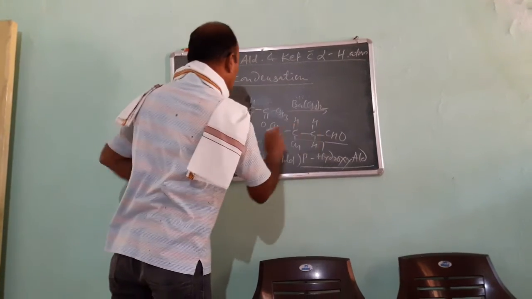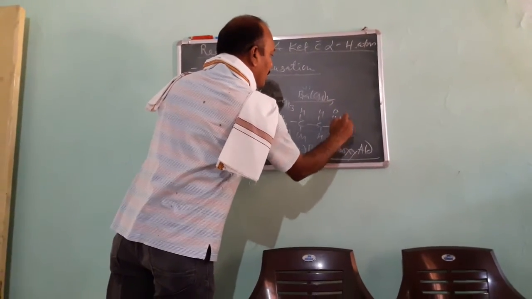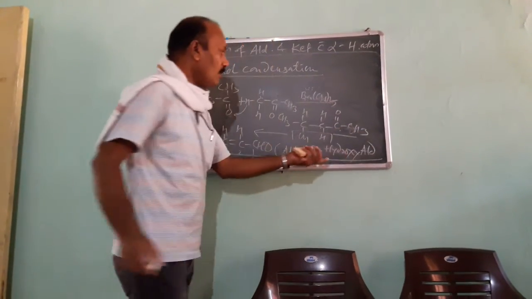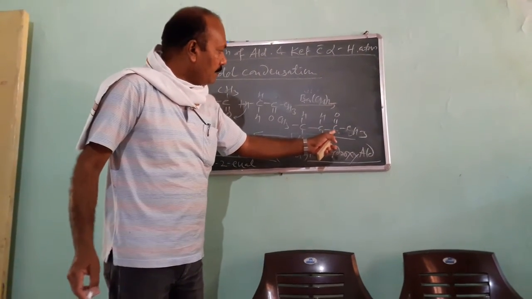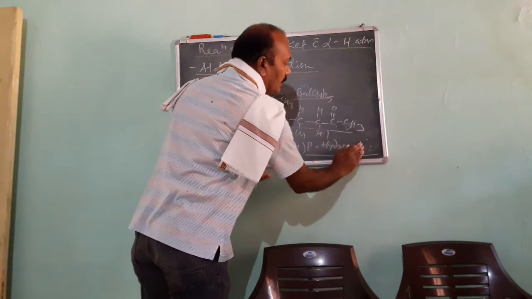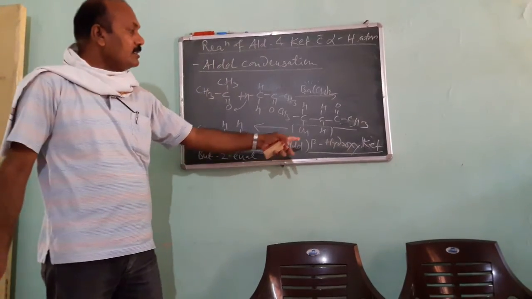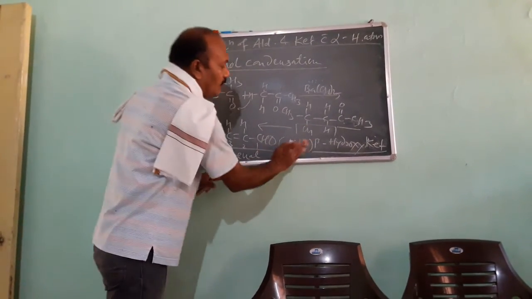So in this way, C double bond O CH3, this is called alpha beta hydroxy ketone. The compound is formed as a beta hydroxy ketone. So again it is not called an aldol, but it is called ketol.